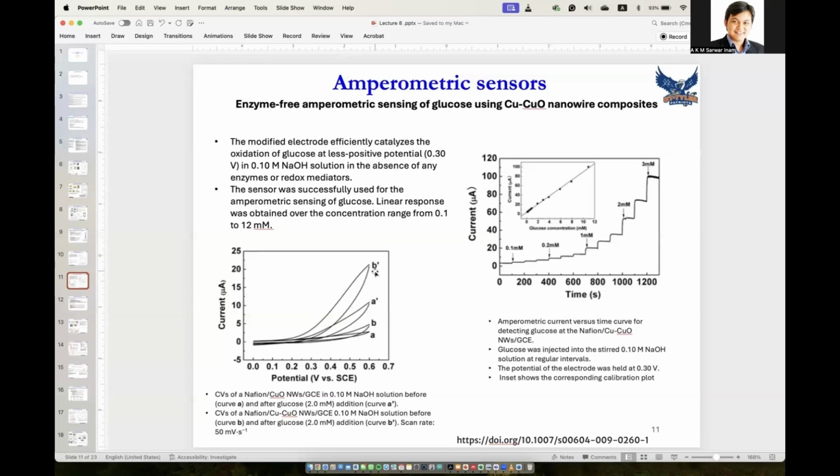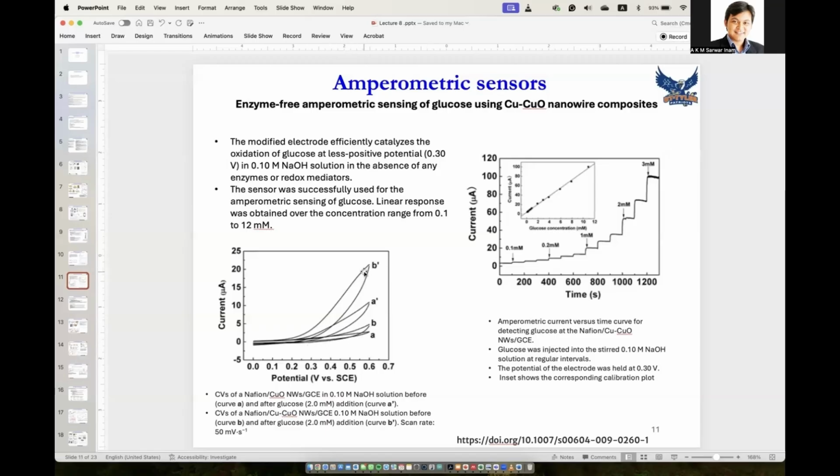So the sensitivity is higher when they use the nanowire. So I think for the rest of the experiment they use only the copper oxide nanowire with Nafion on top of the GCE.